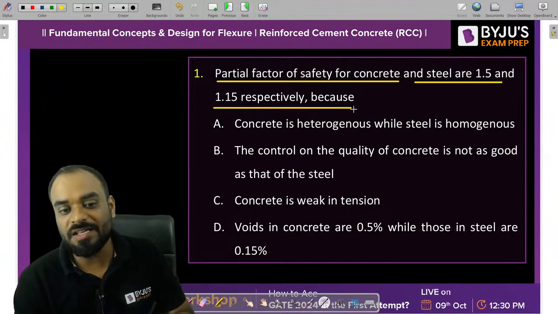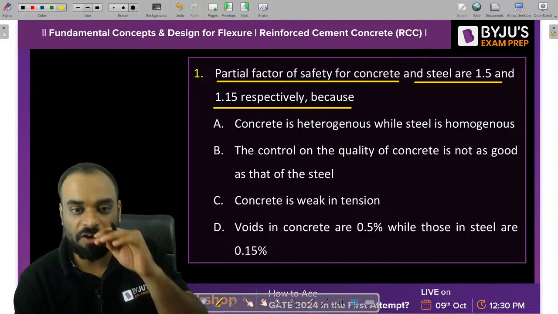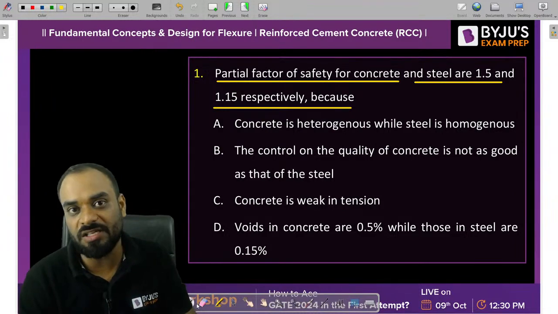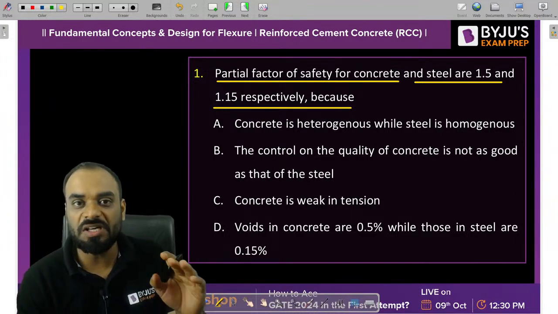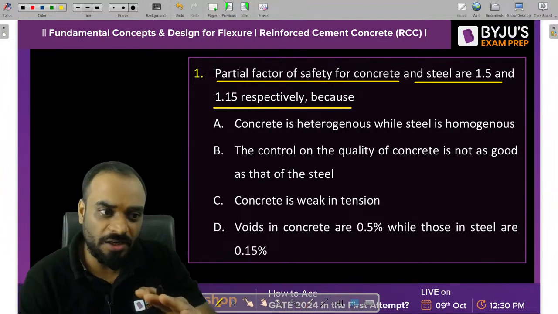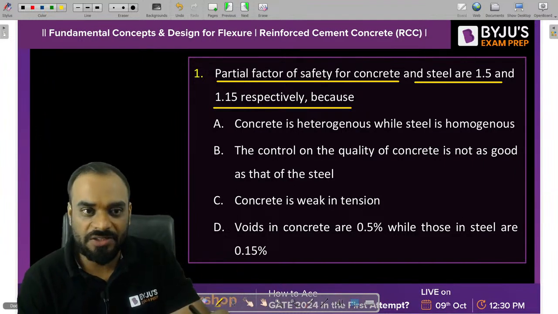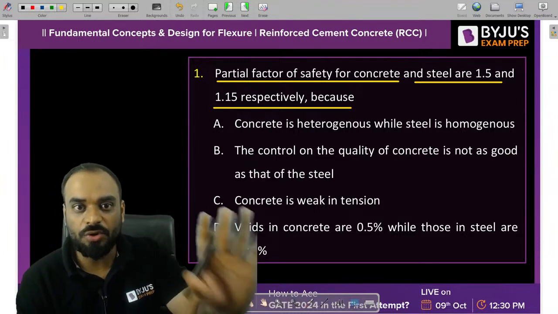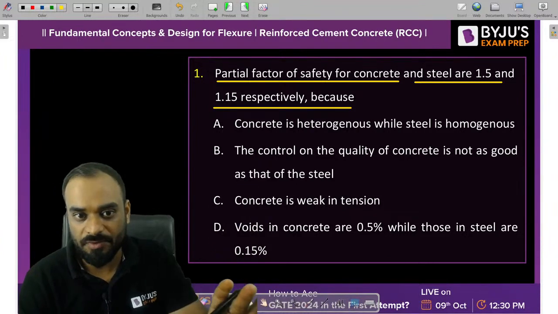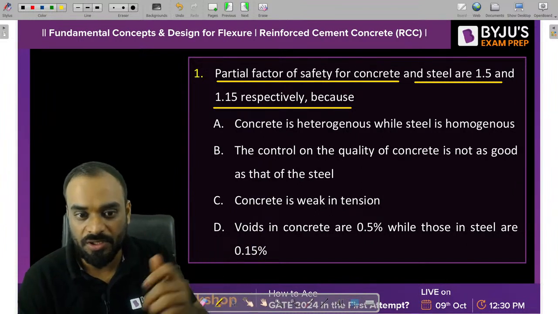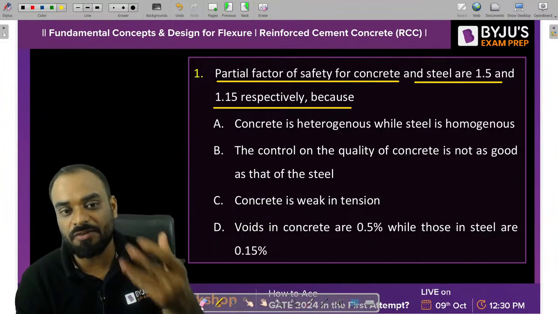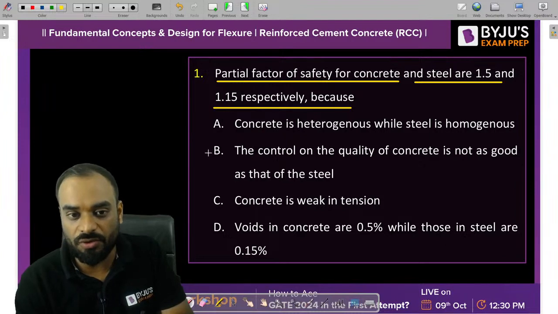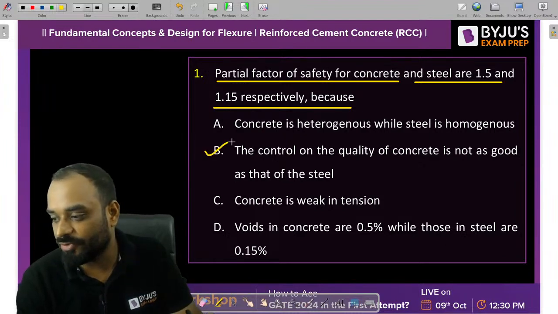That is the reason they have mentioned the higher factor of safety in case of concrete, because it depends on the observation and on the person working at the site and how he controls the quality. It will depend on person to person. That's why B is the correct answer for the problem.